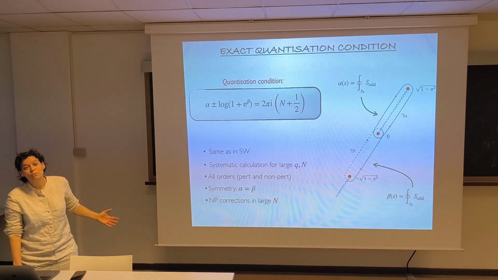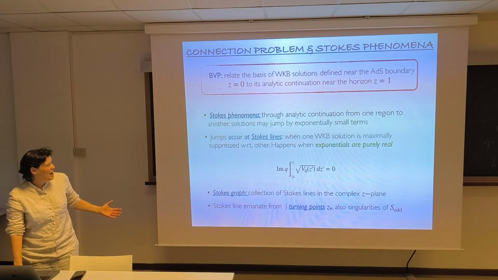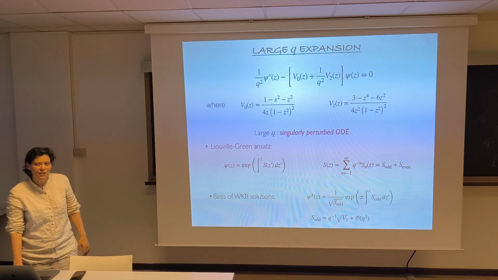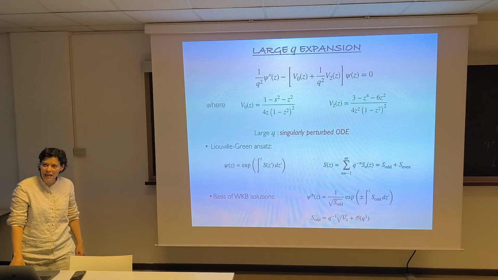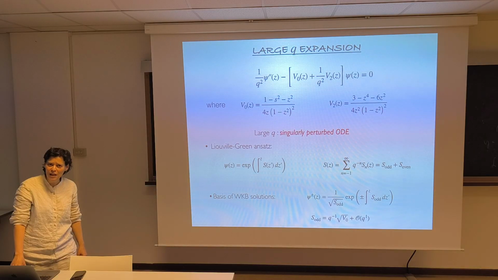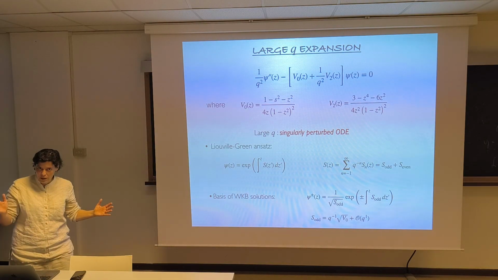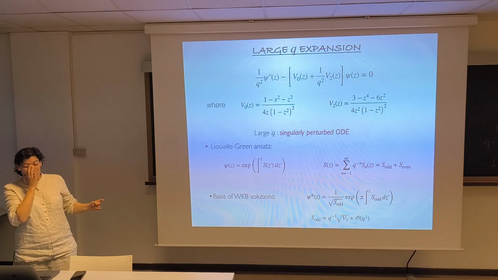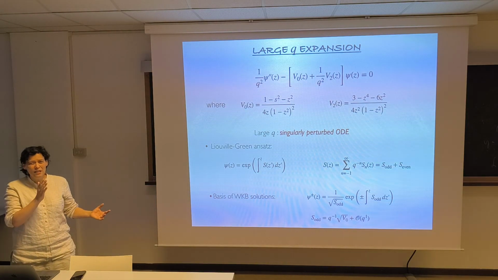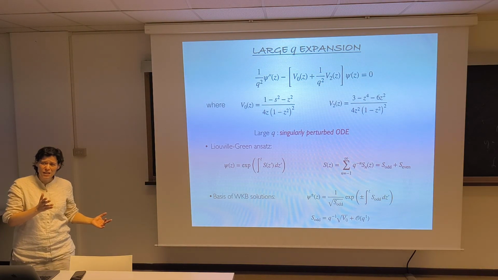Absolutely. I won't be able to tell you how many. It was 100 terms in N, because it was a large N, large Q expansion. So it was 100 and something in N and about 70 in Q.